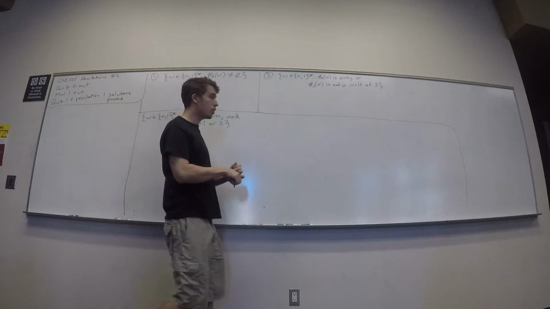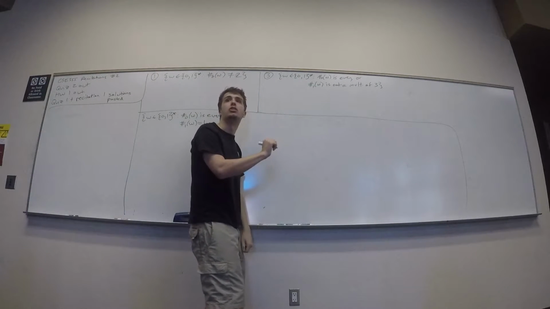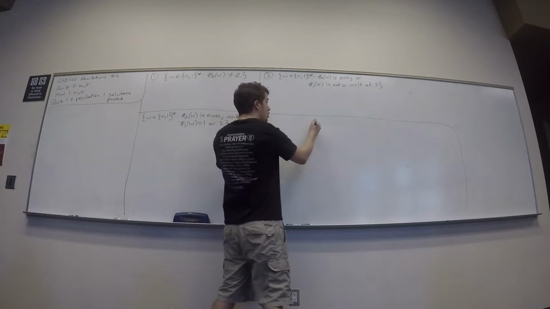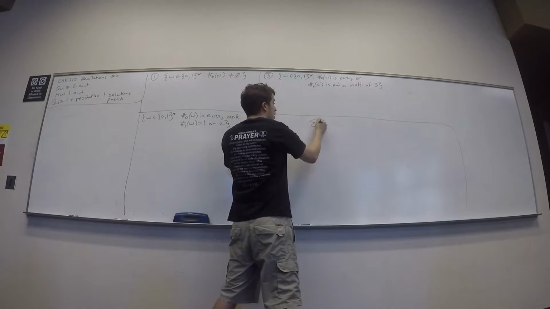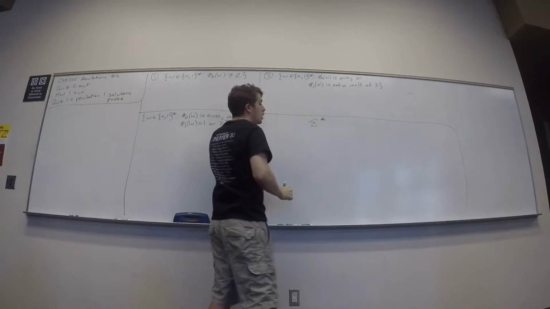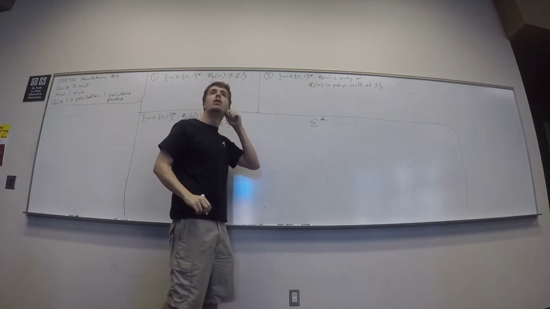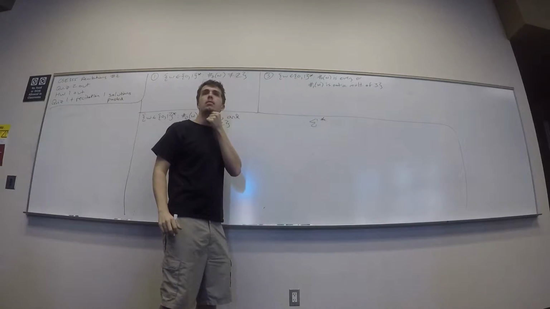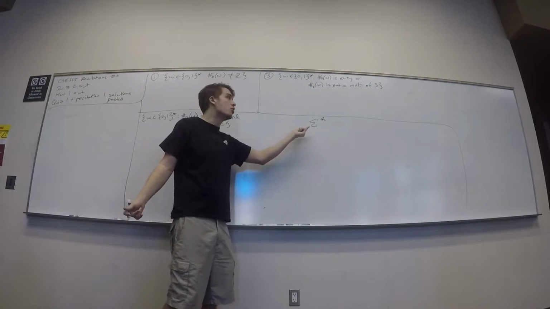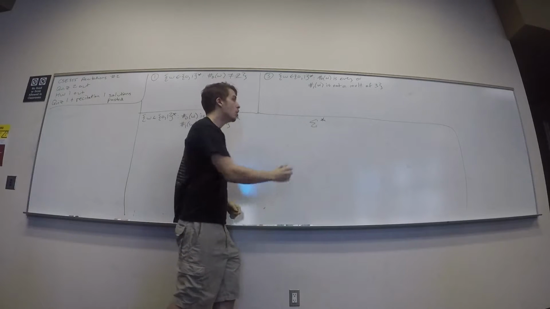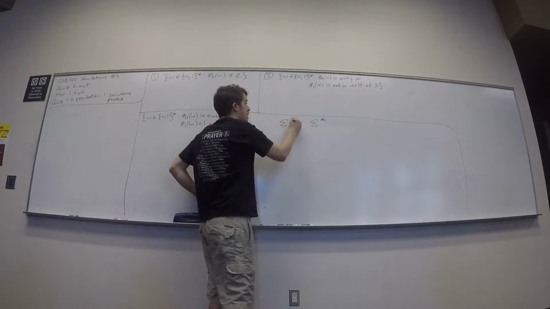Everyone knows what the star operation is, right? So let's consider sigma star. What does that mean to you? Well, it means all the strings that you can write over sigma. So what if sigma is the empty set?